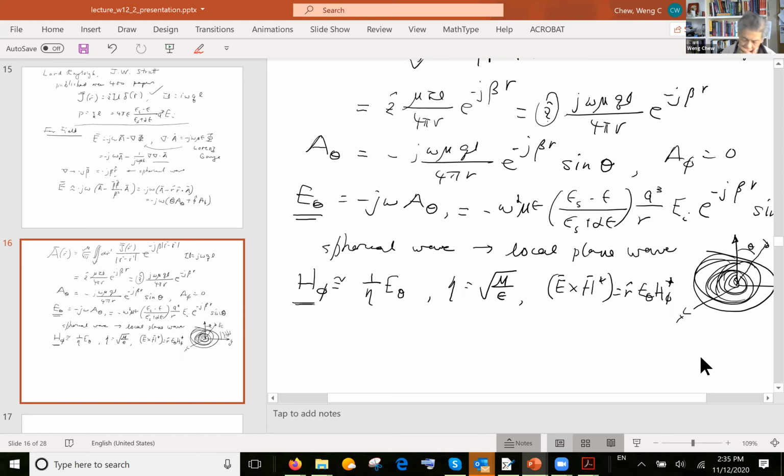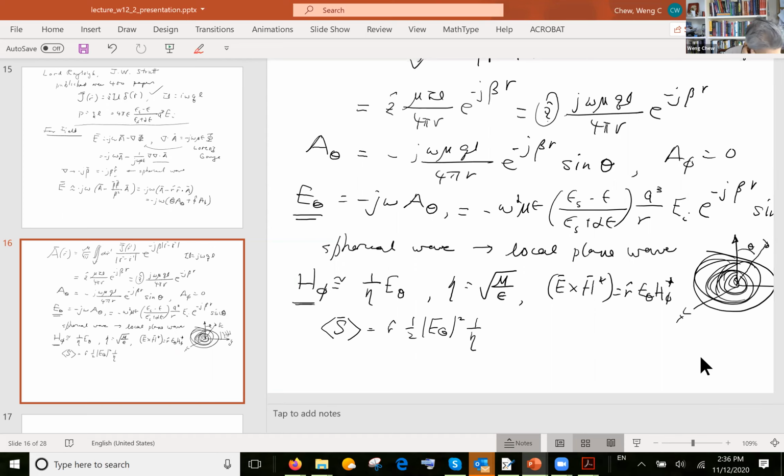Okay, it becomes that, and then the time average power would be just half E theta magnitude square divided by eta.